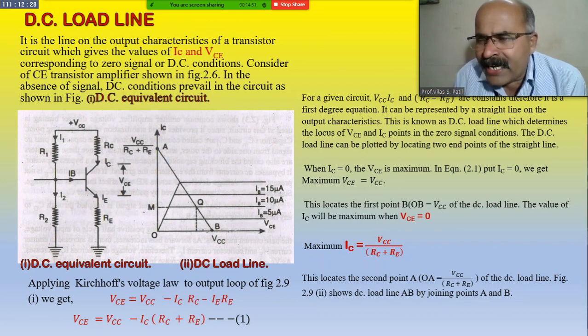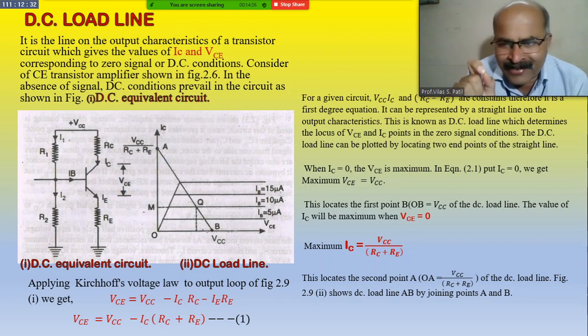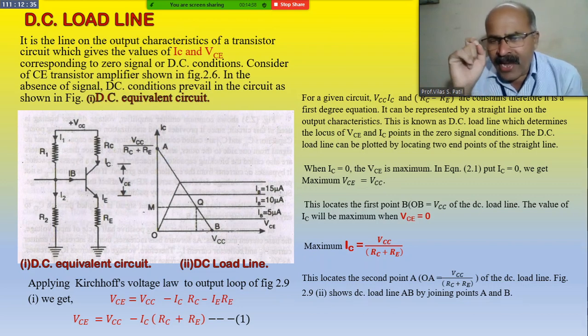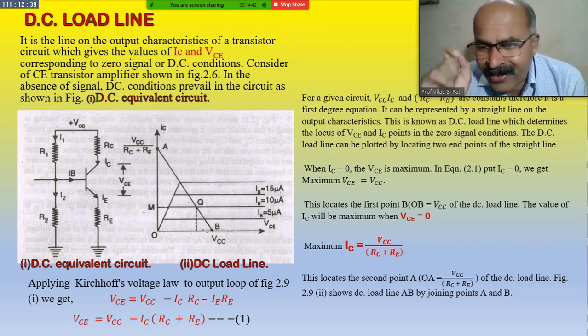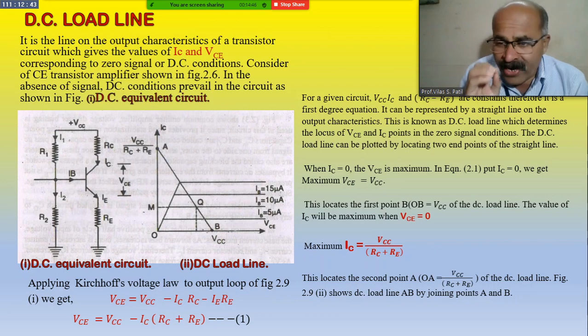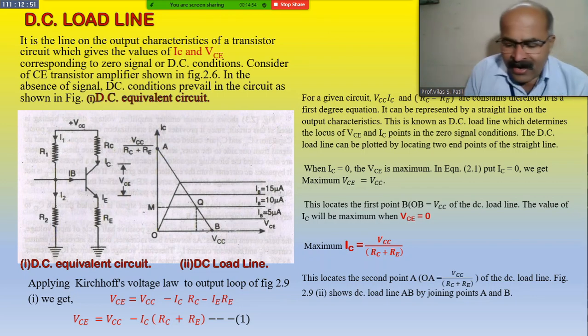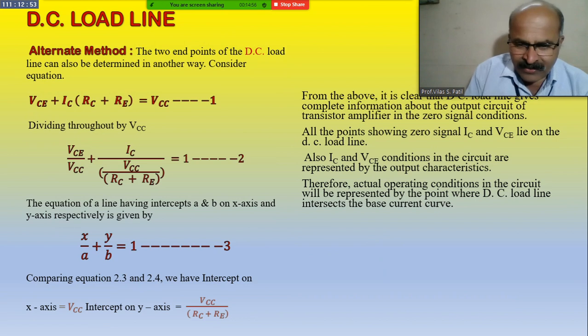The Q point is the operating point, and the operating point gives the actual condition of IC and VCE where the transistor can operate in the active region, and once in the active region the transistor is switched, it acts as an amplifier, and that was studied in the last lecture.